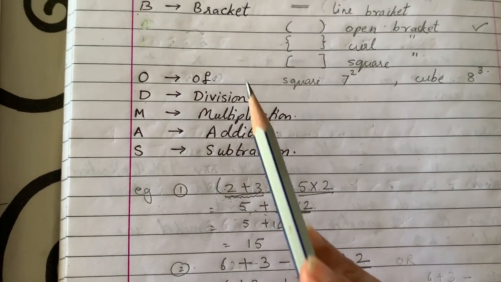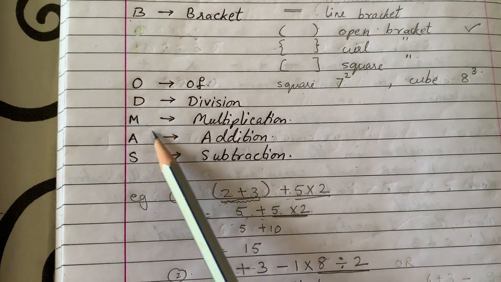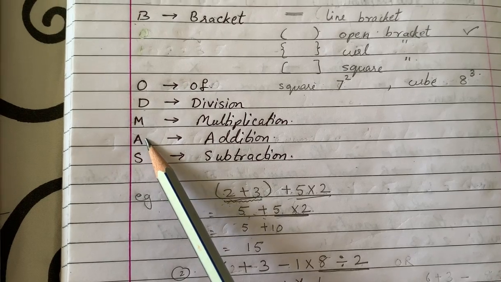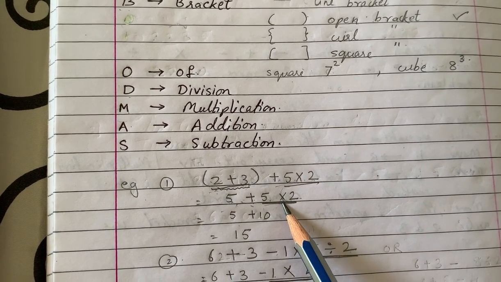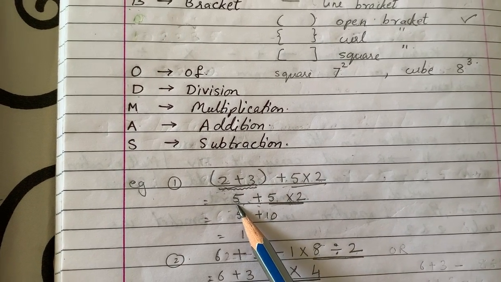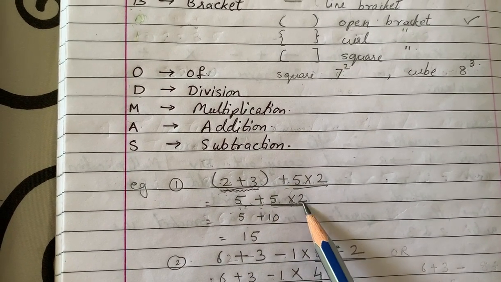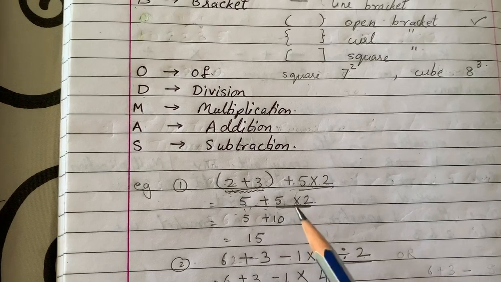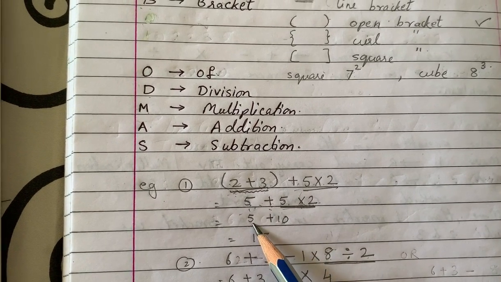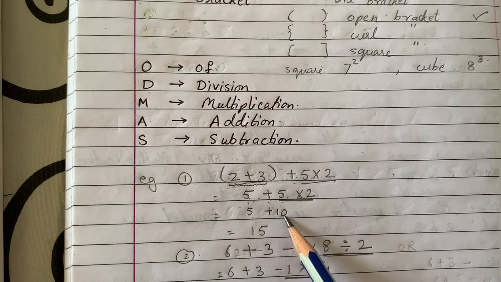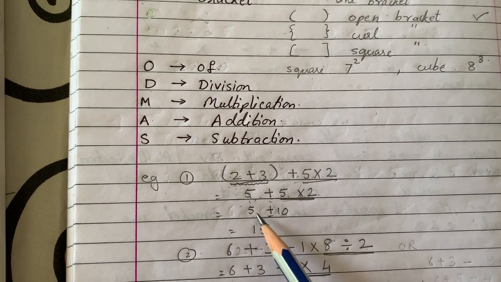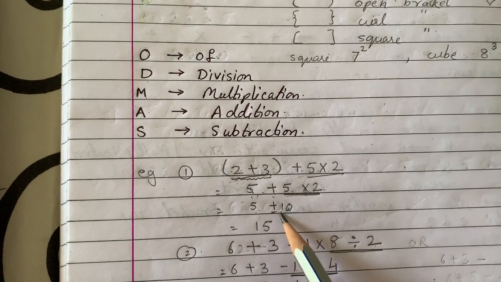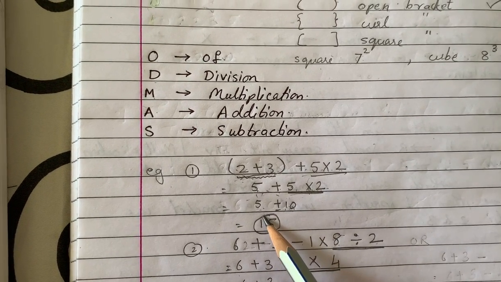So if you look in the Bodmas rule, multiplication comes before addition. So you will be solving multiplication part first and then you will add. So 5 into 2, that is 10. So we will write 5 as it is plus this 10. So 5 plus 10 is, now it's only one operation. So 5 plus 10 is 15. So this will be your answer.